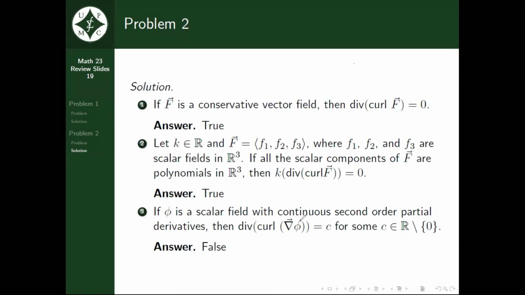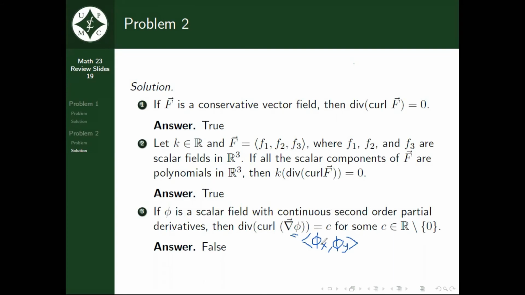We try to compute now. So remember, for simplicity, without loss of generality, we set phi to be of two dimensions only, so it is easier to illustrate. So if phi is of two dimensions, it involves the partial derivative of phi with respect to x and the partial derivative of phi with respect to y. That is the gradient.